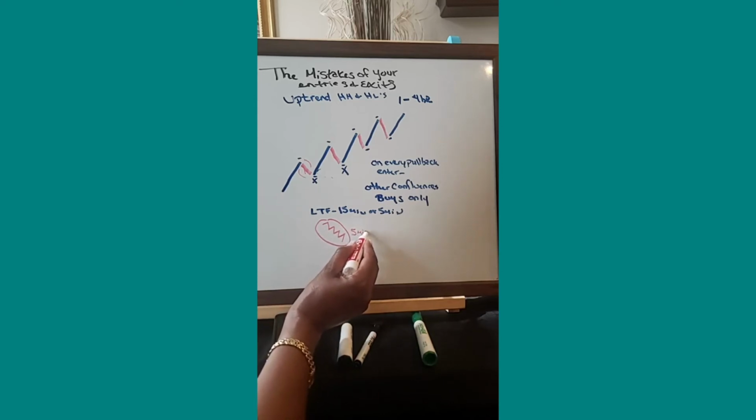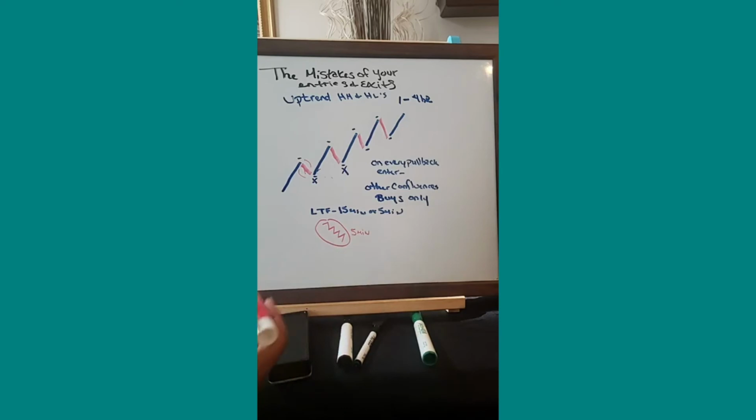Because if you just think you can get in on a lower time frame and you don't even know what's happening on a higher time frame, you're going to fail miserably. So make sure you don't do that, okay? And also be mindful that if you have two long bearish candles on a 1 hour chart, then you have 24 5-minute candles taking place.